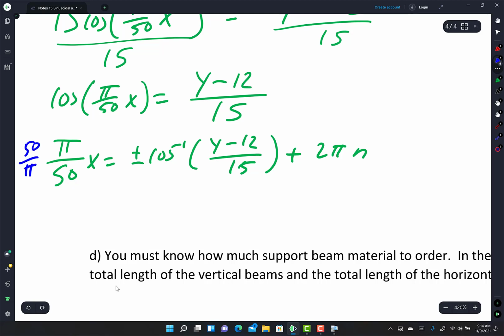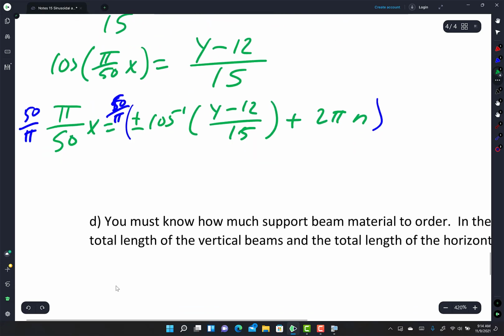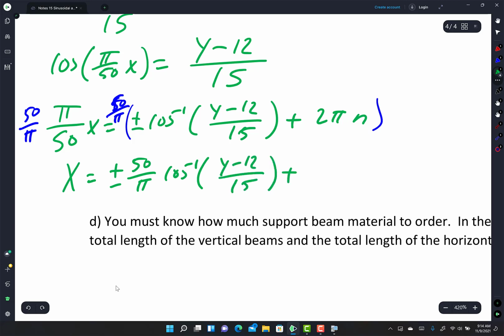Perfect. That's a 50 there. So my final answer comes out to look like x equals plus minus 50 over pi, arc cosine, y minus 12 over 15 plus, let's see, the pi's cancel out, 100n.